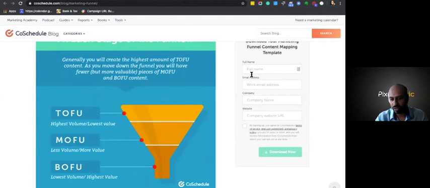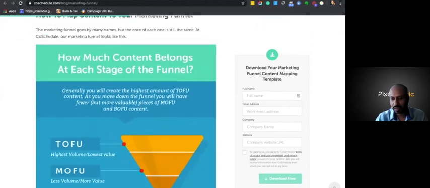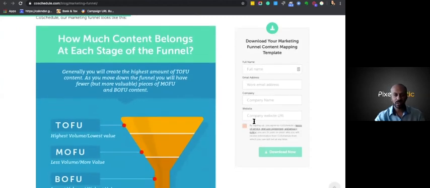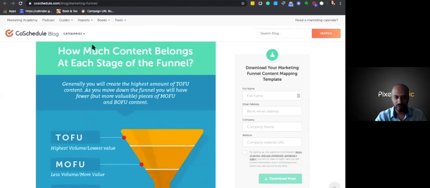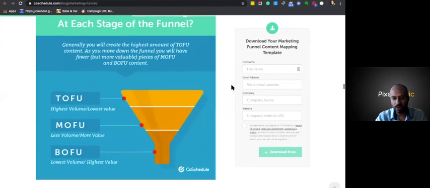But if you look at this on the right side, they are offering a template, right? It says download your marketing funnel content template, given your name, email ID, and then download now. So what CoSchedule actually is, they have a product that they sell, but they're not selling that product here. They've got a user on this page because somebody was interested in a marketing funnel.